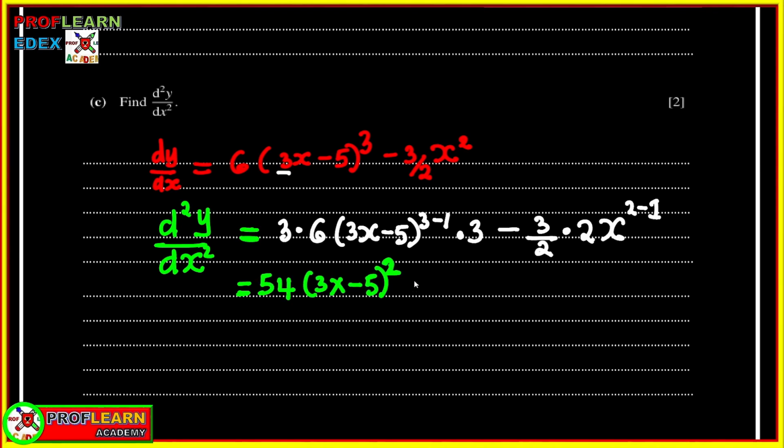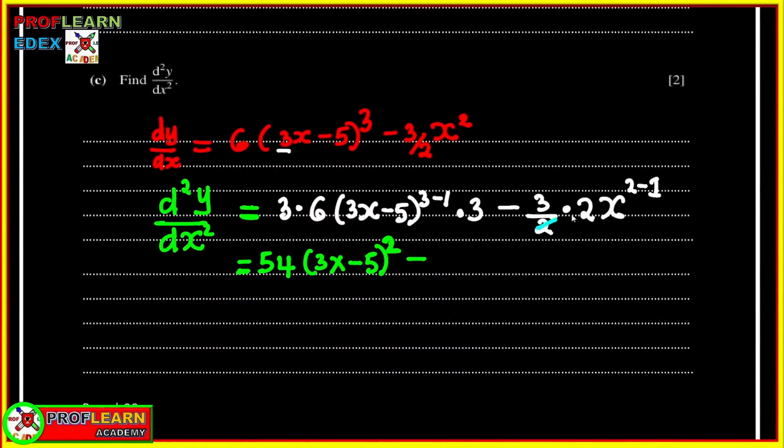Then simplifying this, we are going to have our expression looking like that, right? The 3 that I've multiplied after 3x minus 5 raised to power 3 minus 1 is the 3 that is inside the bracket. After differentiating 3x, you get 3.